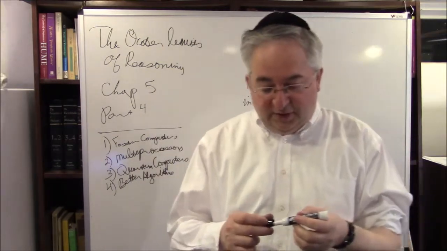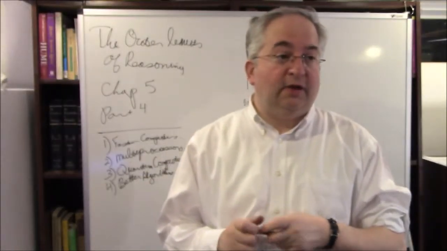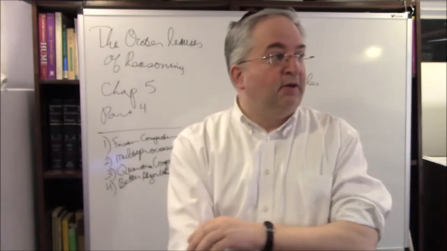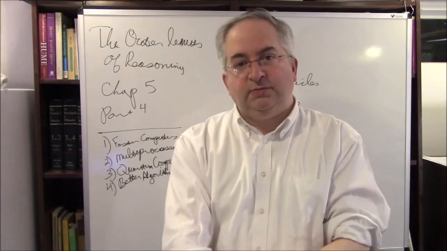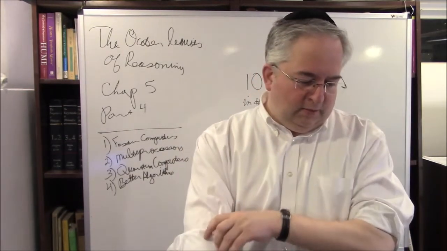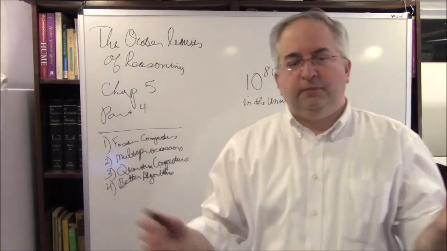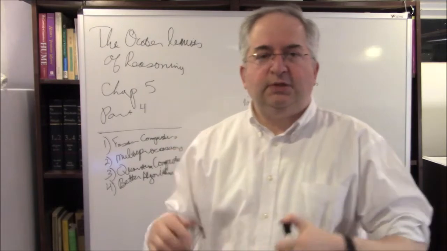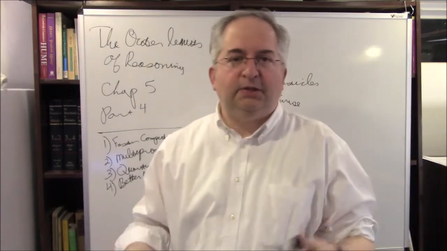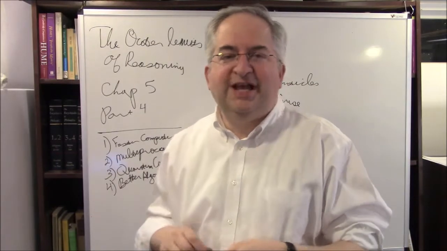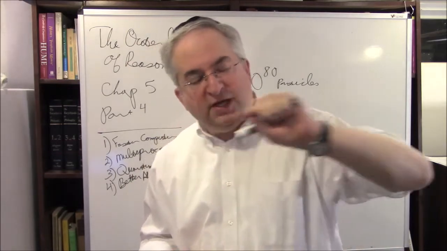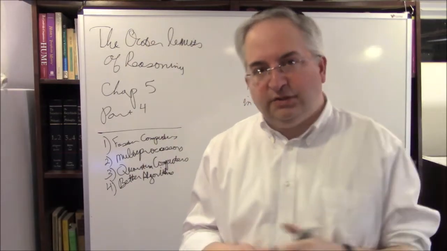I don't know how they figured this out. They have some idea of how many solar systems there are, how many Milky Ways, how many different systems there are, and they multiply and multiply and multiply and come out to 10 to the 80 particles. Just imagine that's 1 with 80 zeros afterwards.